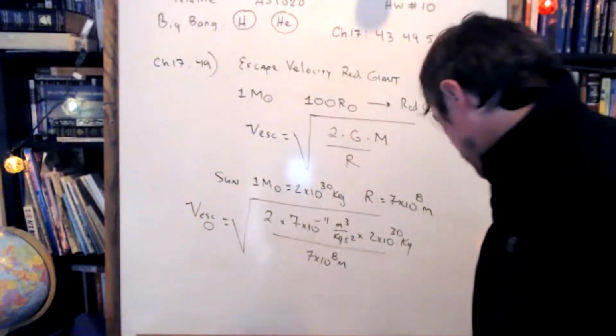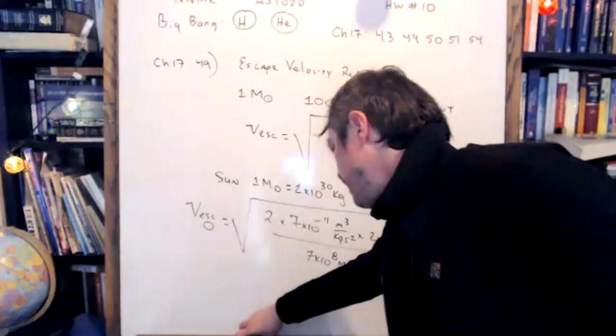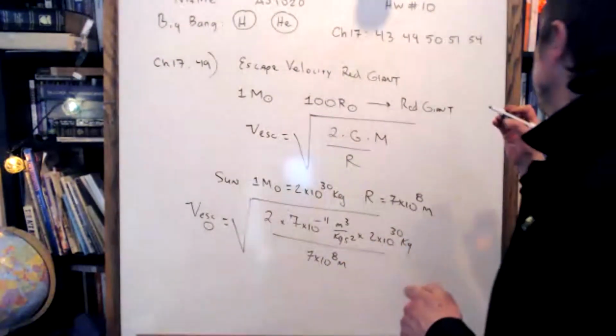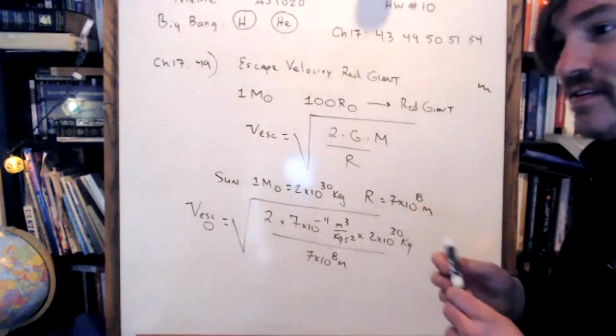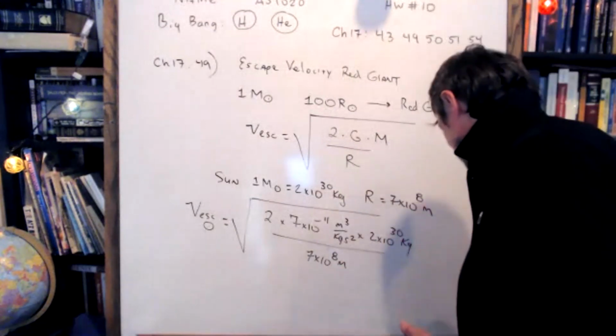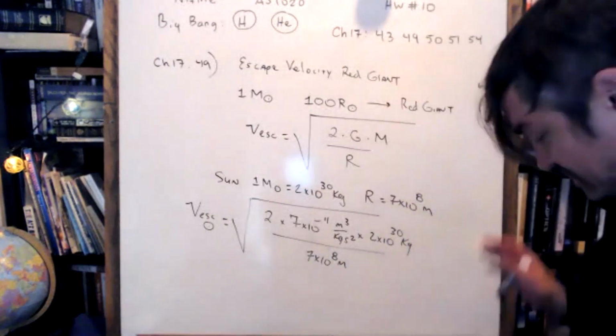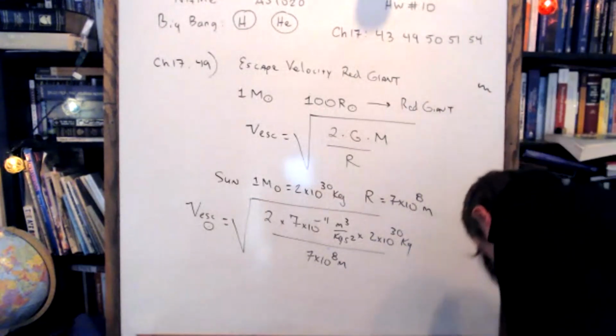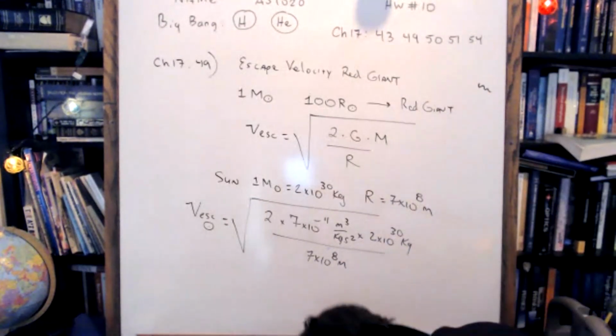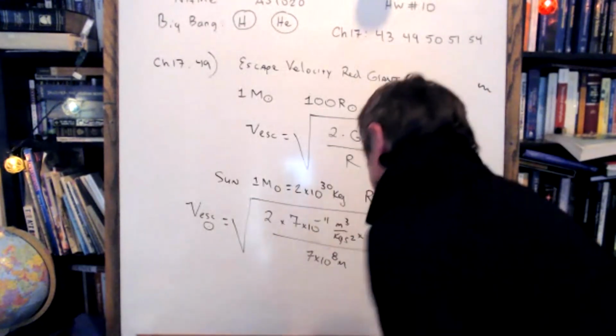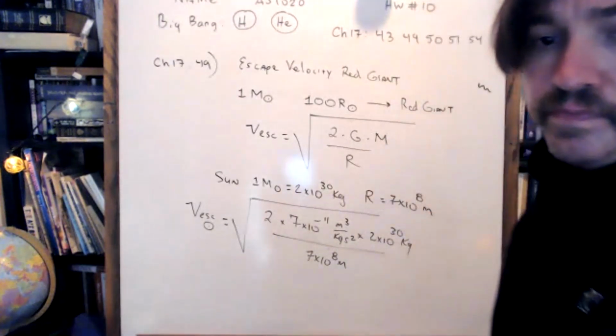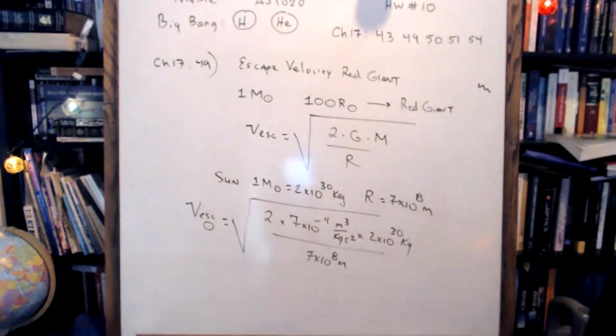My marker's dying here. Give me a fresh one. Oh yeah, it's a fresh one. All right, what you got? Something like 600,000 meters per second. Roughly. You forgot the square root.